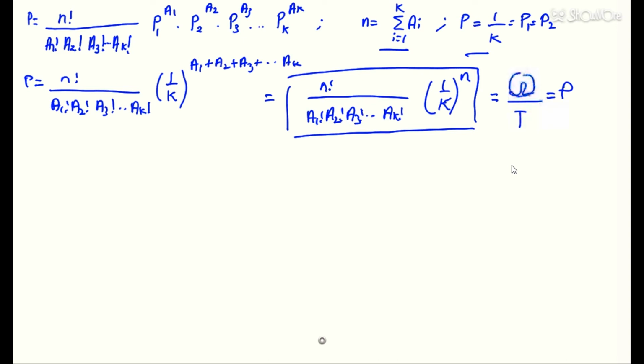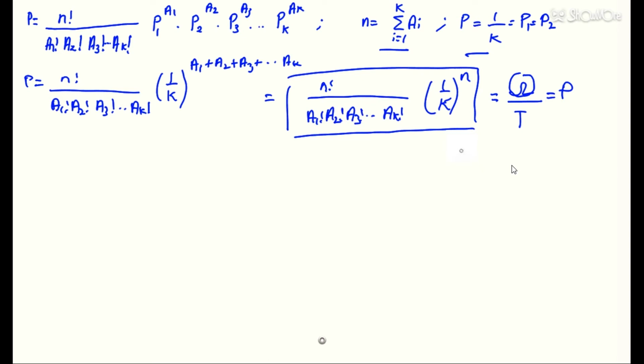Always the probability is in the form of a fraction, where omega means the number of desired outcomes divided by the number of total outcomes.